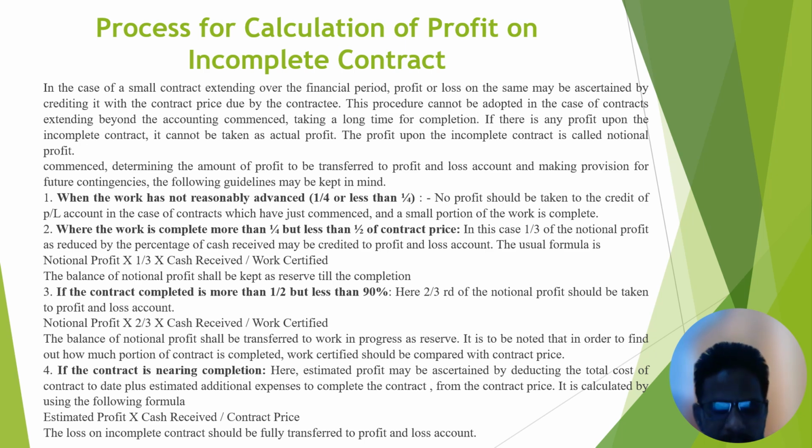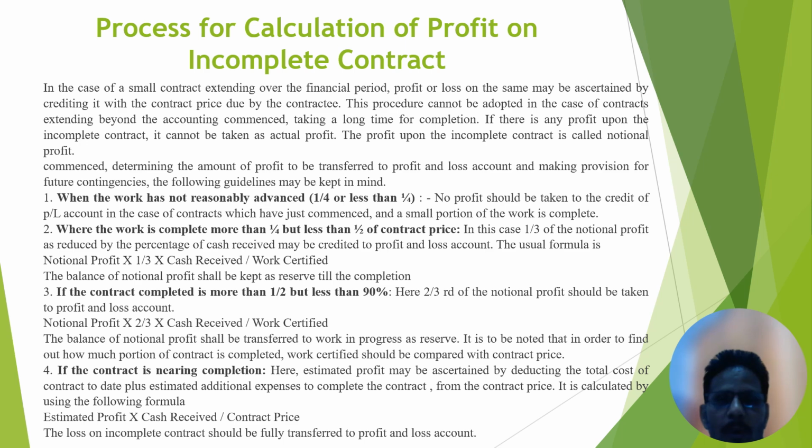If our work is completed more than 90%, then first we calculate estimated expenses, and through estimated expenses we find the estimated profit, and then multiply by cash received divided by contract price. Through this we can calculate our actual profit. This is all about the terms and conditions for the amount transferred to profit and loss account.